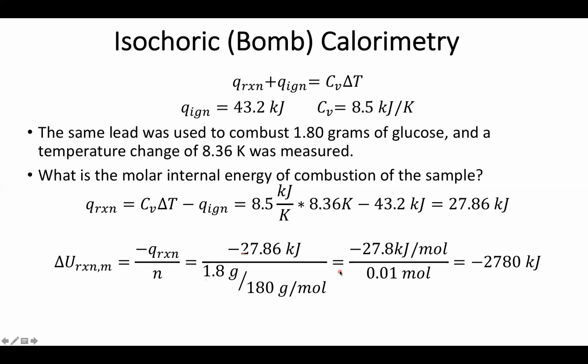Completing our equation, it turns out that the internal energy of combustion for glucose is a little bit less than 2,800 kilojoules of energy per mole. This should help illustrate how we can use a bomb calorimeter to determine energies of reaction.